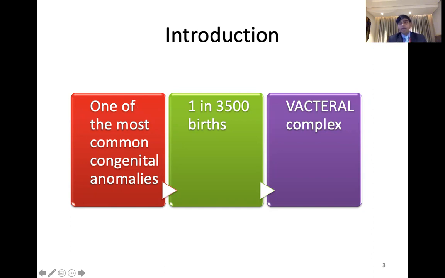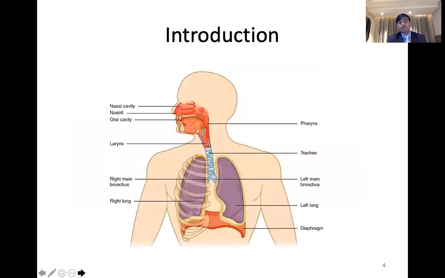So in order to understand the anomaly, let us see how the trachea and esophagus develop. In this diagram, you can appreciate the anatomy of the airway, which is divided into the upper respiratory tract and the lower respiratory tract.